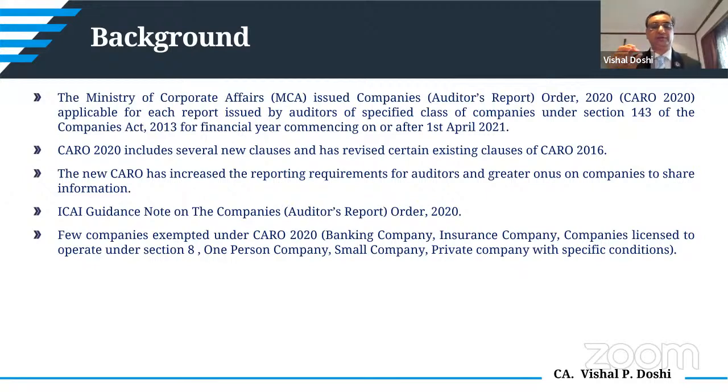So in case of your client, even if CARO is not applicable, there are a lot of provisions, like I said, where there is overlap between Schedule 3 and CARO. Where Schedule 3 is applicable, my request would be please go through CARO also, where the audit procedures and reporting are given. At least that will help you when you are doing the Schedule 3 verification also.